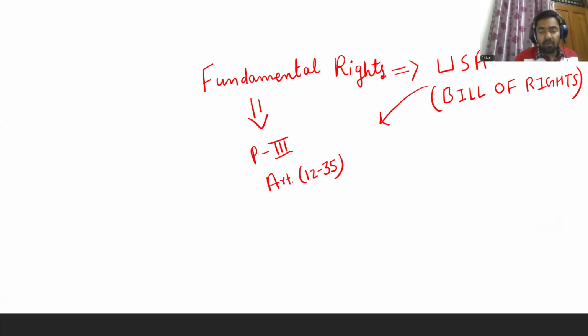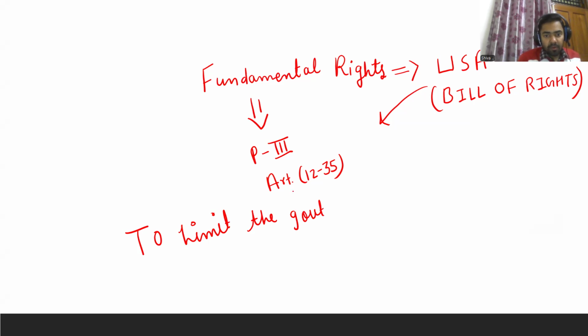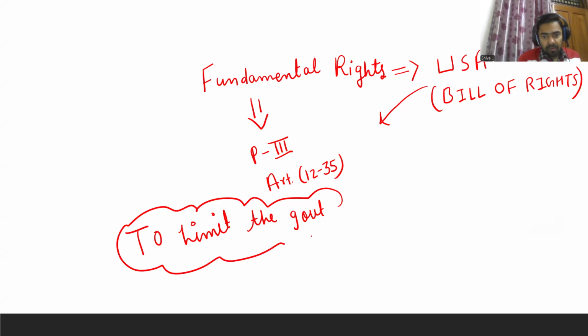So the main aim of the fundamental rights is to limit the government. Very, very important, to limit the government and to prevent its citizens from an authoritarian or totalitarian regime, just like Hitler did in Germany, so that no authority can do so.